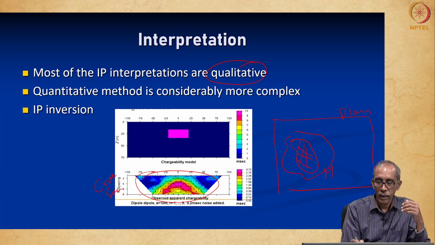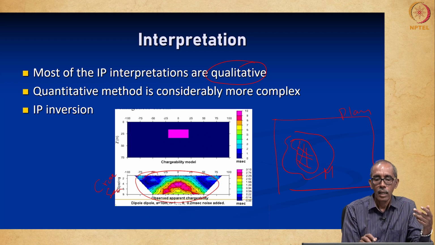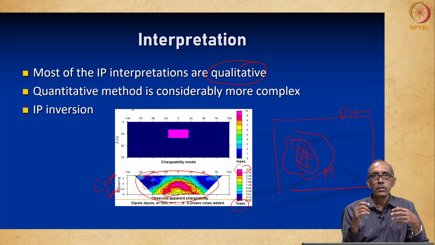As you see here, we try to identify regions which remained chargeable for more time. This particular region was charged for a greater amount of time compared to the blue part. This is how we carry out the interpretation qualitatively.